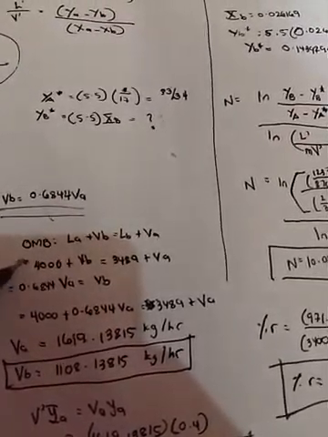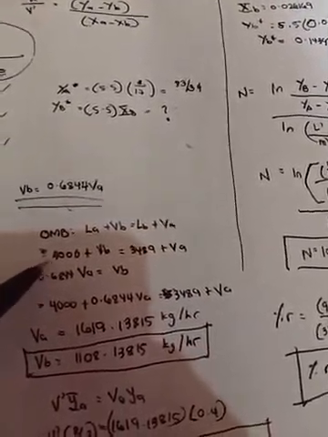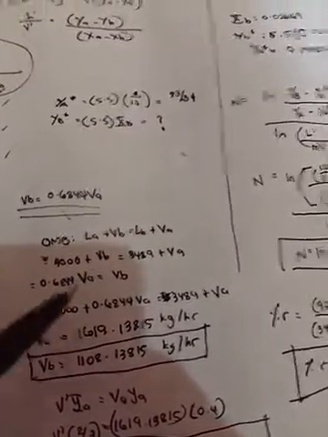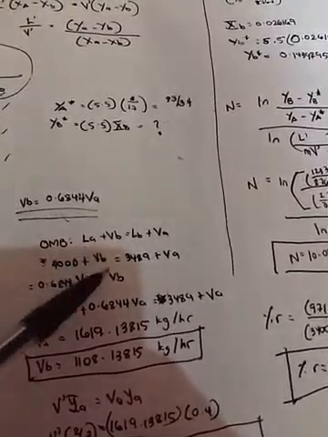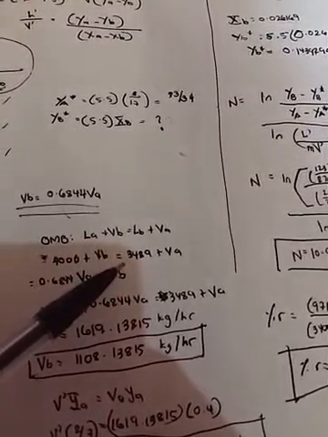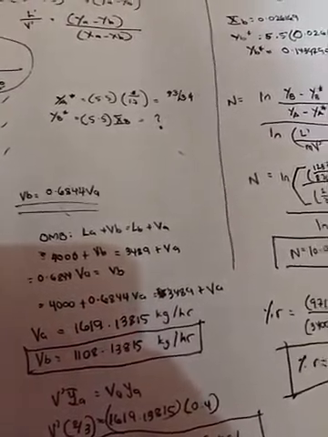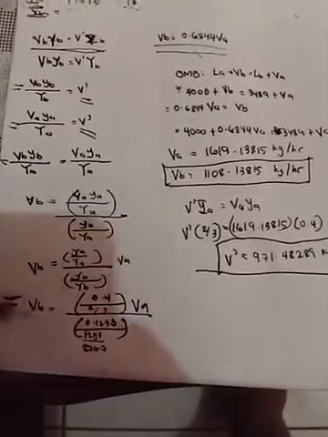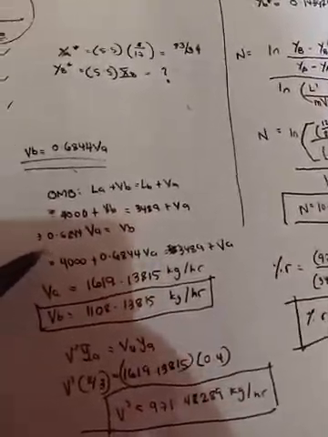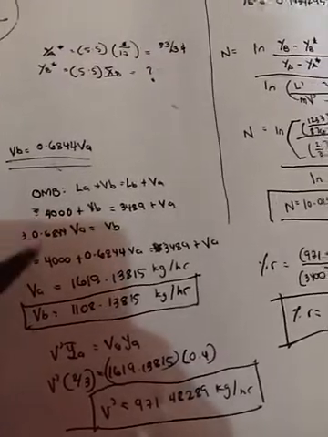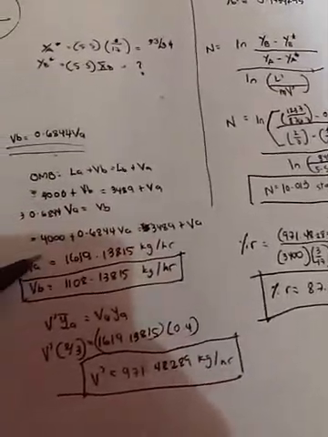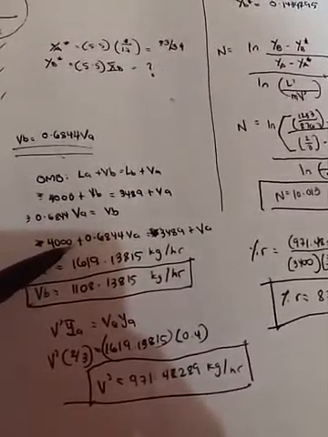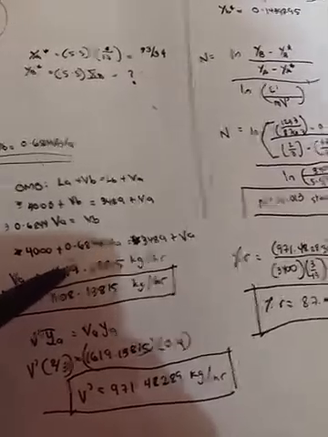Substituting the values, 4,000 as the entering feed plus VB, which we replace with the expression we have, is equal to 3489 plus VA.